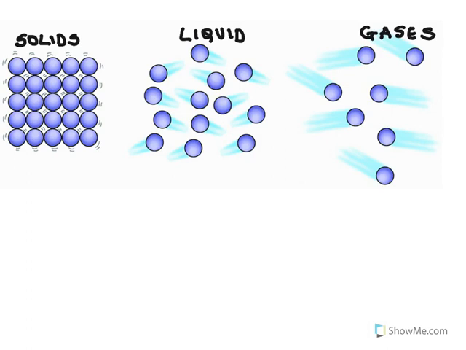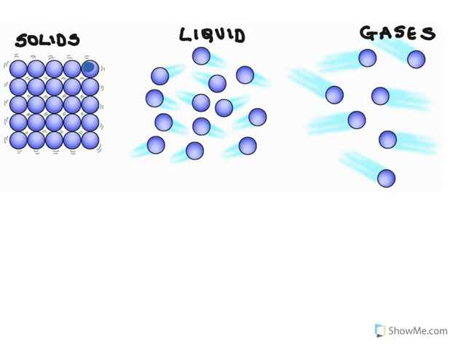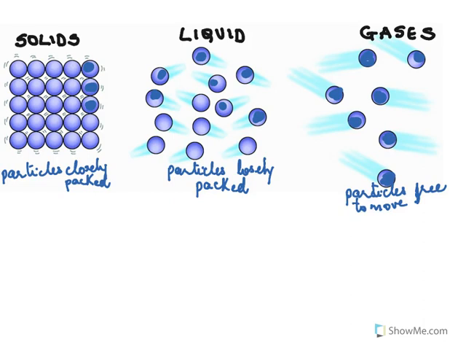In solids we see that these molecules are so close to each other. In liquids they are a little further apart, and in gases they are far away. There's a huge distance between them. So that was the first point.